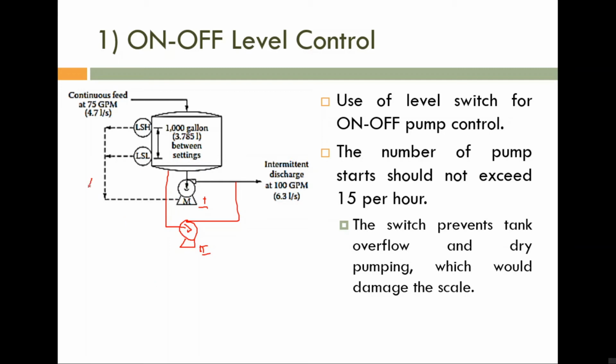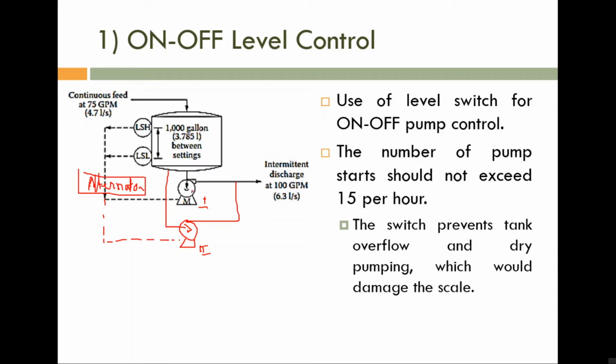So at that point, we require an alternator, a switching device. A switching device means switching pump 1 and pump 2, or alternatively selecting pump 1 and pump 2. So the output is going to pump 1 and pump 2 alternatively.